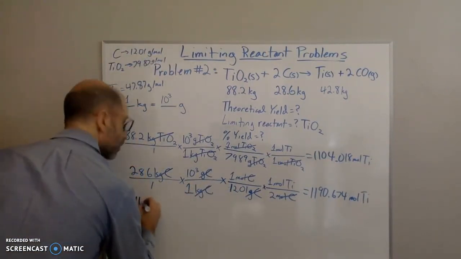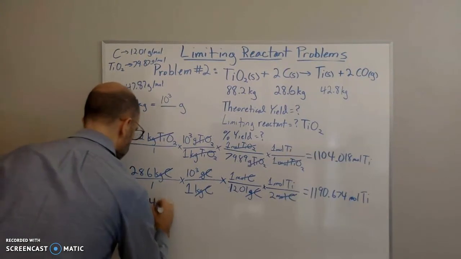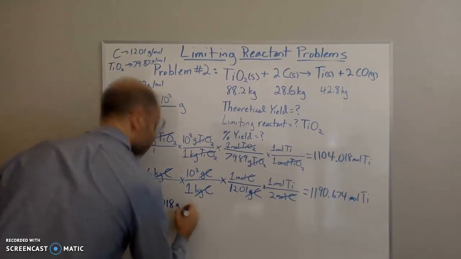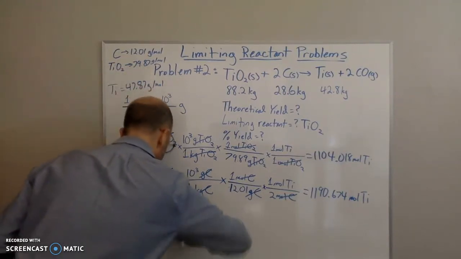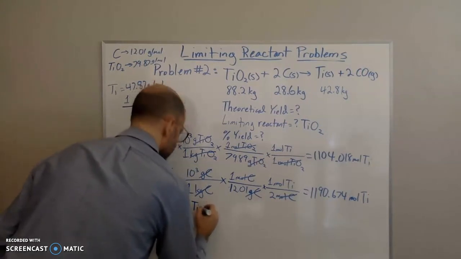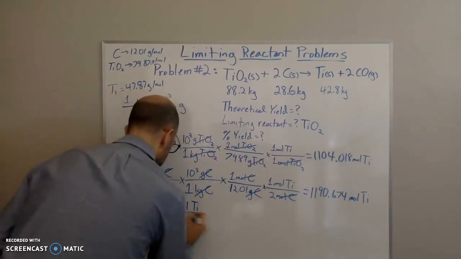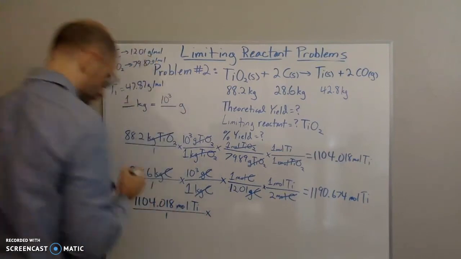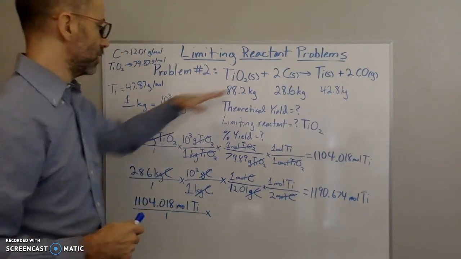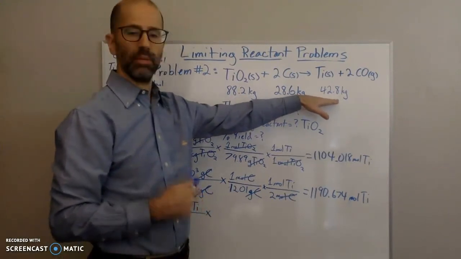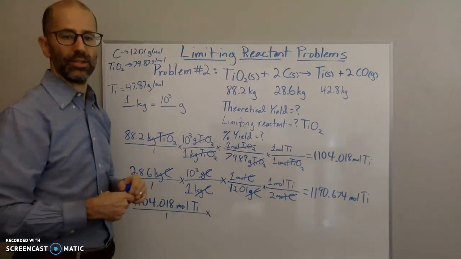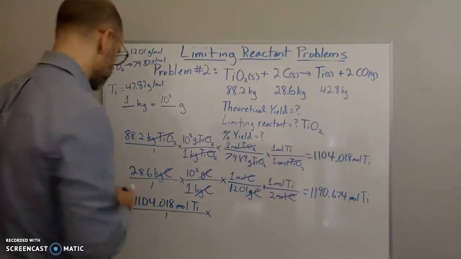So I have 1104.018 moles of the titanium. And now I'm going to convert that to kilograms. And I wanted to convert to kilograms because they give me titanium in my actual amount in kilograms, and so I need to get kilograms so that way I can do my percent yield.